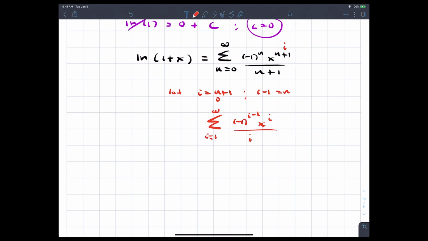So at this point, you might say we can write this as the sum I is 1 to infinity, negative 1 to the n. Let's change the index.